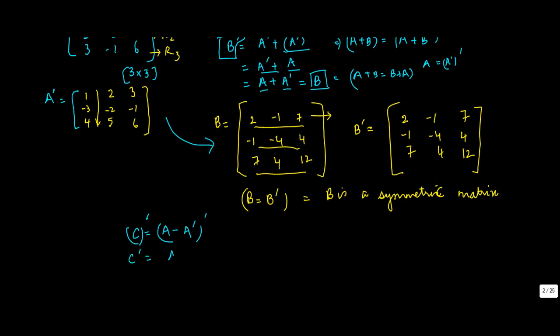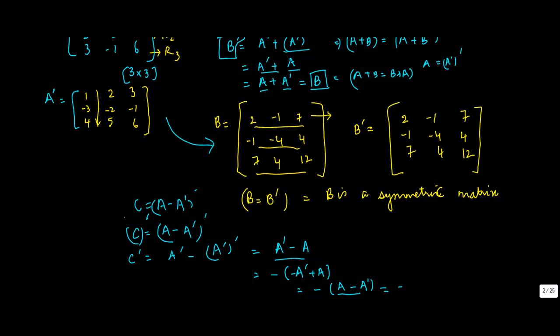So we get C transpose is equal to A transpose minus A transpose transpose, or A transpose minus A. And if we take a minus common out here, we can get this as minus of A minus A dash, which is nothing but minus C. This is what we have taken here, minus C. Hence, this becomes a skew symmetric matrix.